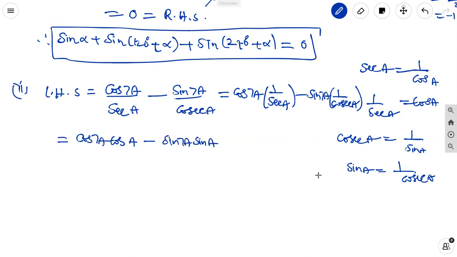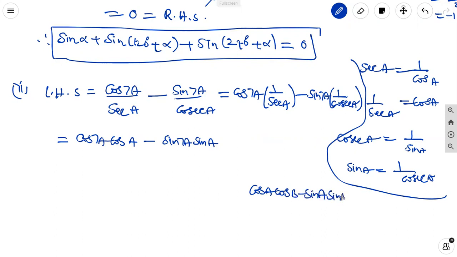It is in the form of cos a cos b minus sin a sin b, which is equal to cos of a plus b. So it is equal to cos of a plus b, where a is 7a and b is a. This is equal to cos of 8a.